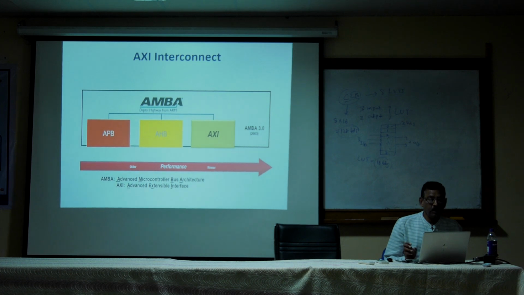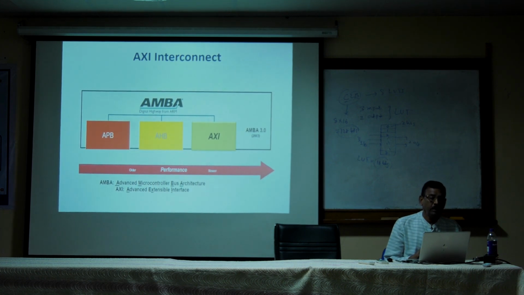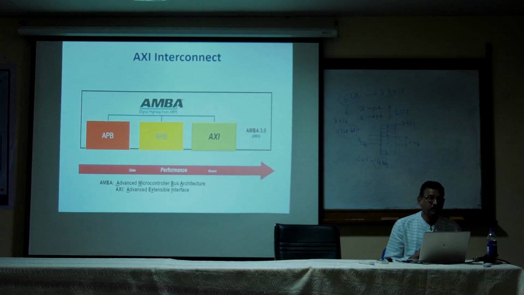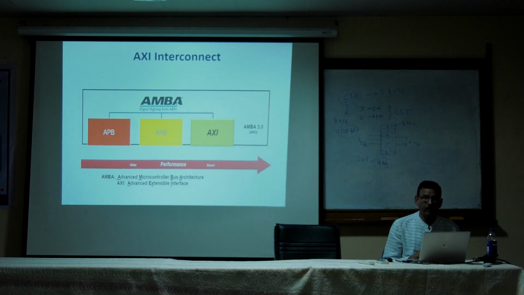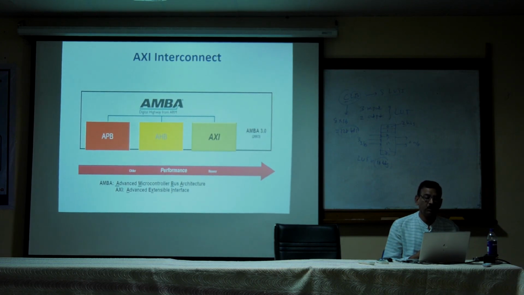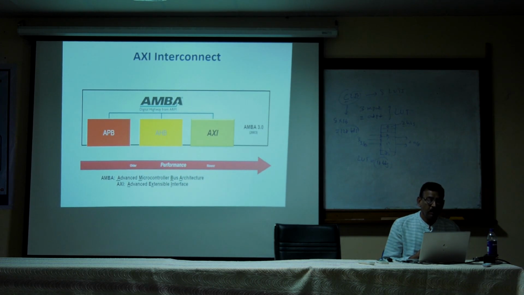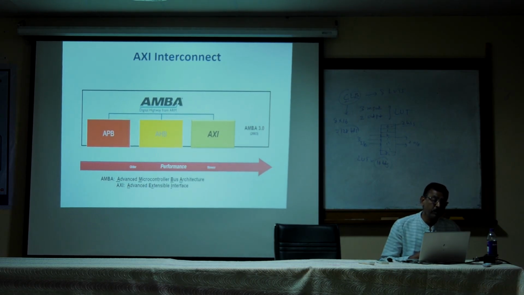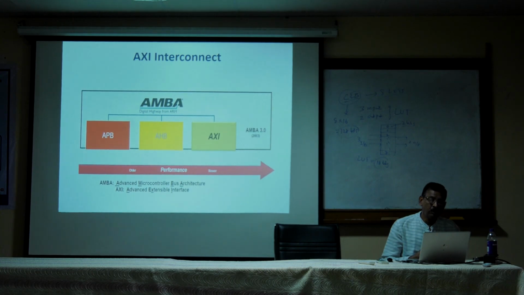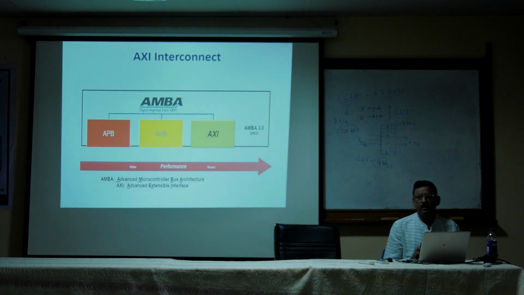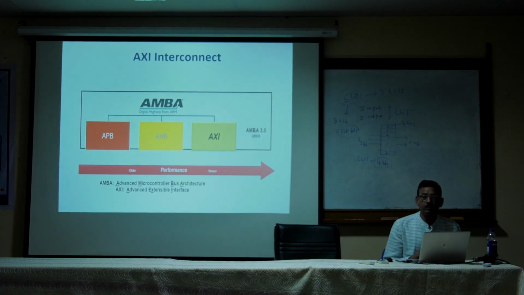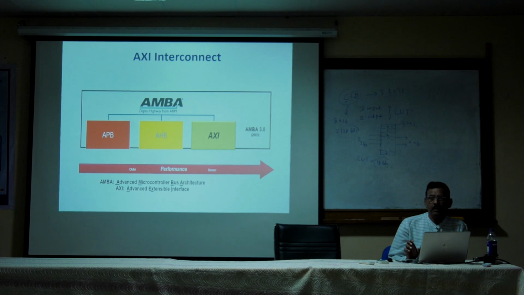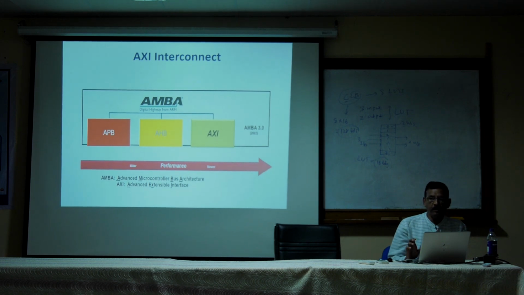The A is AMBA actually; from AMBA only, these three bus interfaces are derived: AMBA peripheral bus, AMBA high performance bus, and the advanced extensible interface. This AXI bus is mainly for interfacing the FPGA fabric with the processor core.